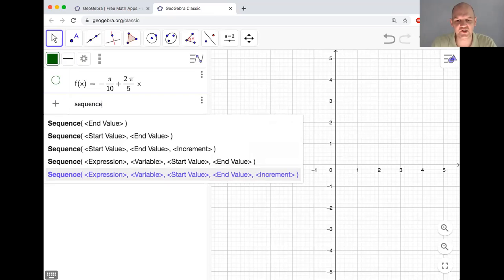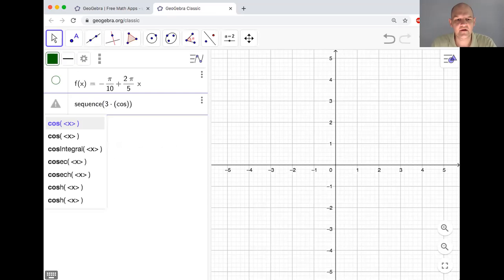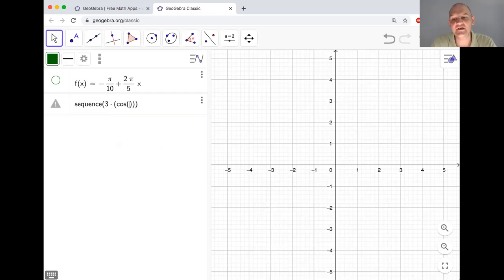So to do that, here we go, sequence. I'm going to use the one that it's choosing here, but I hate that, so I'm just going to type it on my own. What am I doing a sequence of? Well, I'm always doing 3 times parentheses cosine of, now here's the trick, f of k. f of k is negative pi over 10 plus 2 pi over 5 times k.